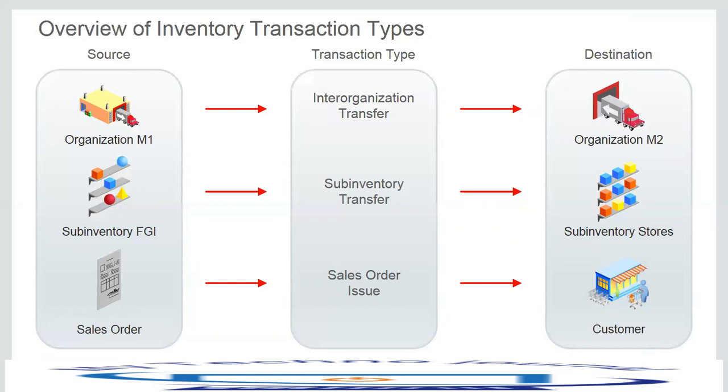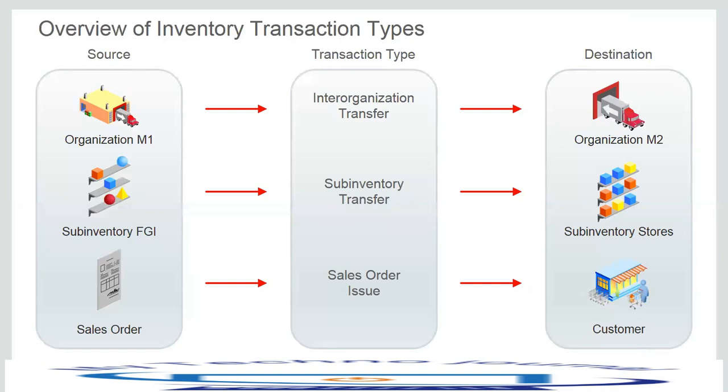We have also taken the examples of receiving items into the organization, issuing items out of the organization, transferring items from one sub-inventory to another, transferring items across organizations, or shipping an item to a customer based on a sales order. These are a few examples of inventory transaction types.